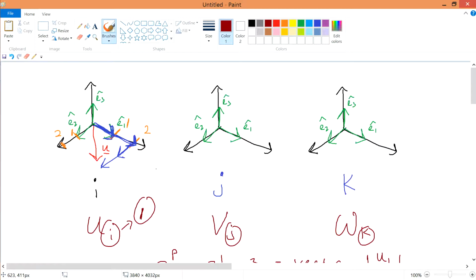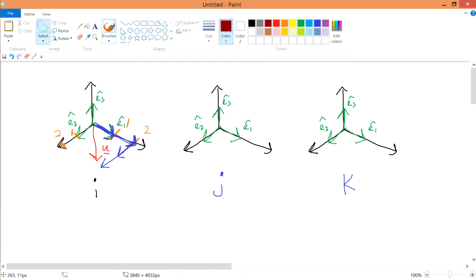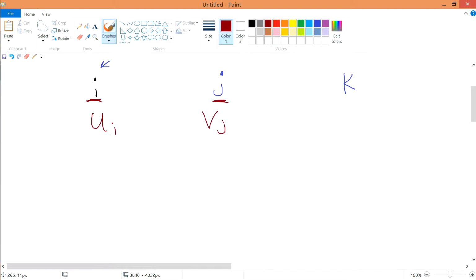Now, if I want to make the space in i and the space in j interact, meaning ui and vj are interacting, what do we have? We have ui, vj, and it depends on the multiplication we're going to do. It can be the dot product, or inner product, the outer product, or the cross product.